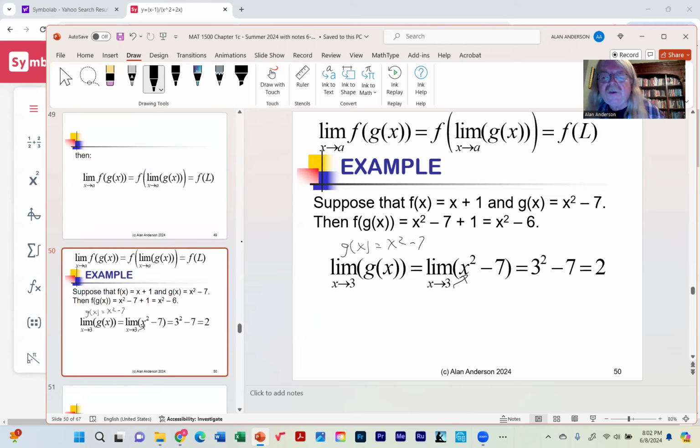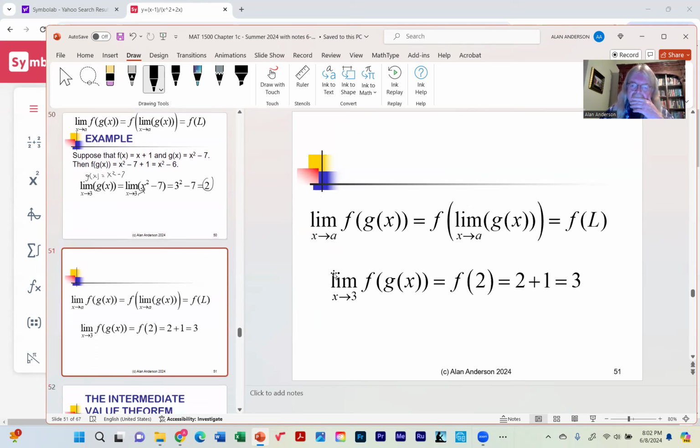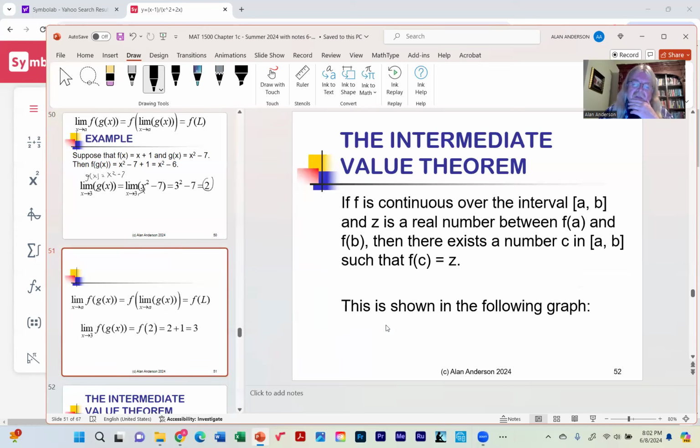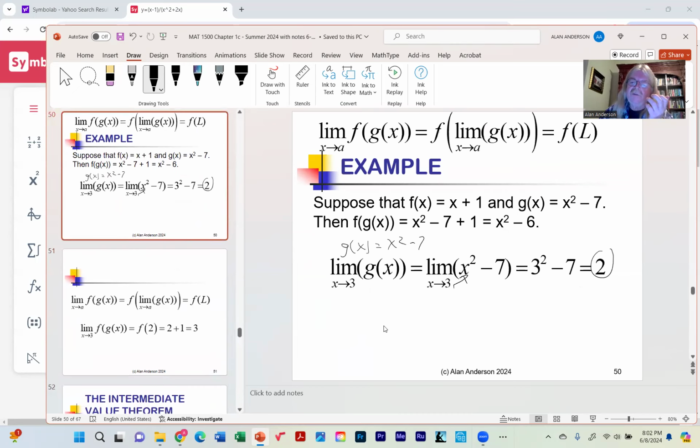I have 3 squared minus 7, which is equal to 2. So the long and the short of it is that the limit of the composite function can be calculated simply as f of 2. Okay, that's why this can be helpful to us.